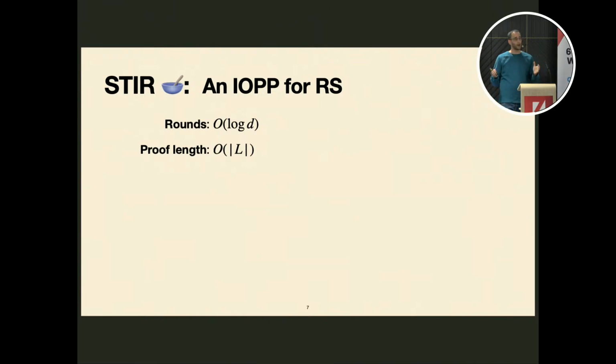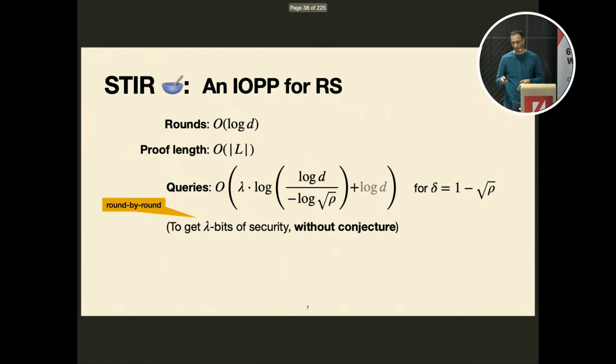We give a new IOP of proximity for Reed-Solomon codes. We call it STIR. We're going to see why the name. The number of rounds that this protocol has is log D, so logarithmically many rounds. The proof length is O(L), so linear in the object that I'm testing. So there's no big blow up there.